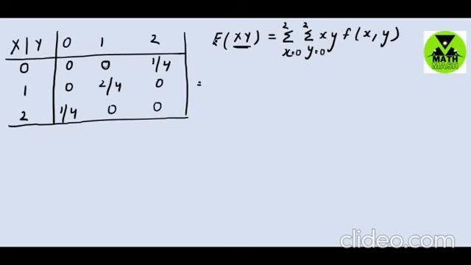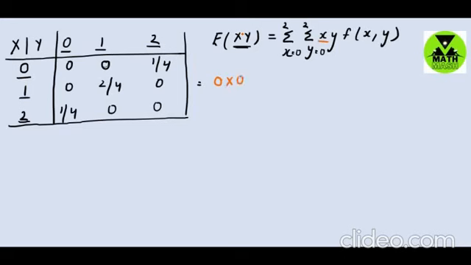When x is 0, y is taking three values 0, 1 and 2. When x is 1, y is taking values 0, 1, 2, and when x is 2, y is taking values 0, 1 and 2. So substitute these values. So when x is 0, y is taking value 0, 1, 2. The first is when x is 0 and y is 0.